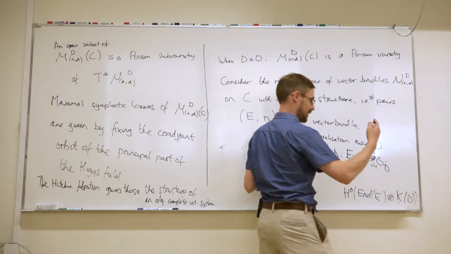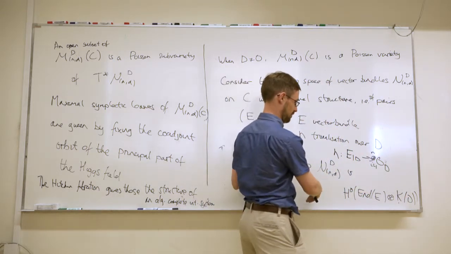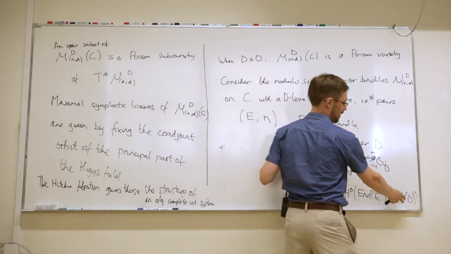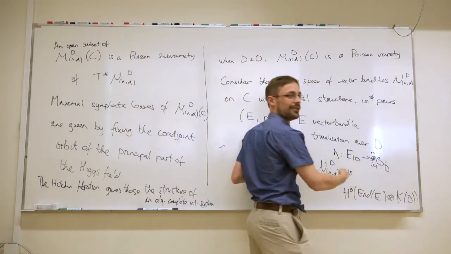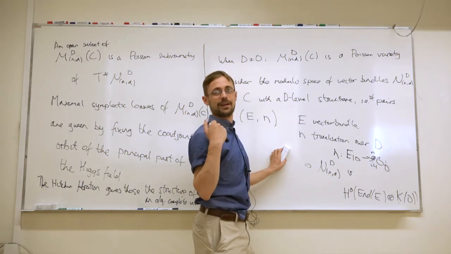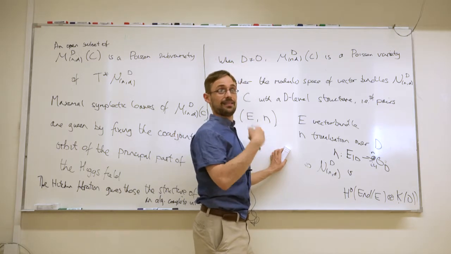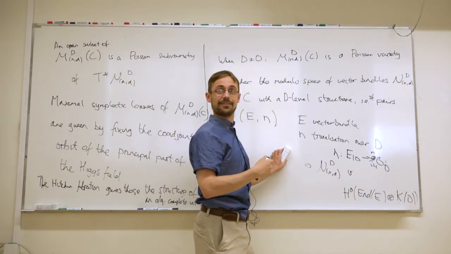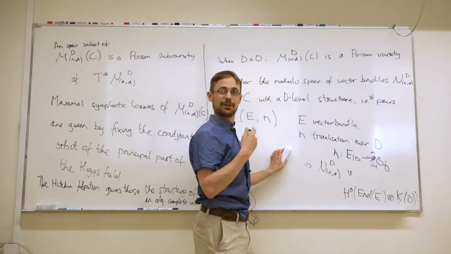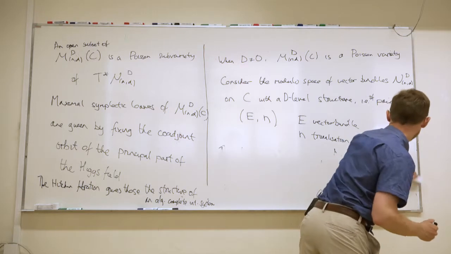I can then look above every point of that divisor. This Higgs field then has a simple pole there at most, right? And I can fix the GLN orbit of that principal part. So should I try and make that explicit?